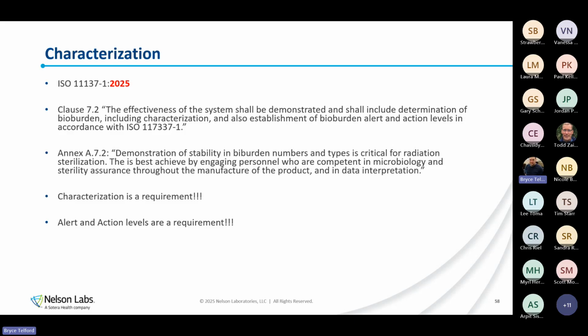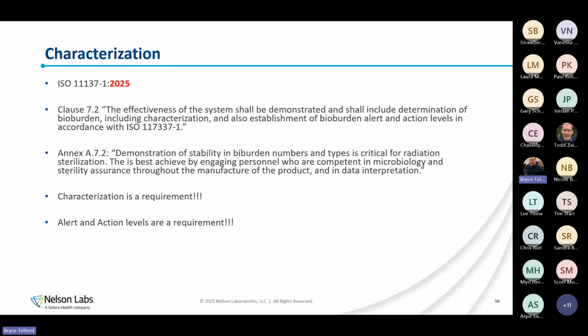So for method 1, my bioburden amount and my sterilization dose are directly correlated. So I probably want to set a tighter alert and action level for that than I would for potentially something like a VD Max, where it's a tiered approach. And because of that tier, I have a little bit of overkill set in. Now, as far as characterization goes, that's going to be somewhat separate.